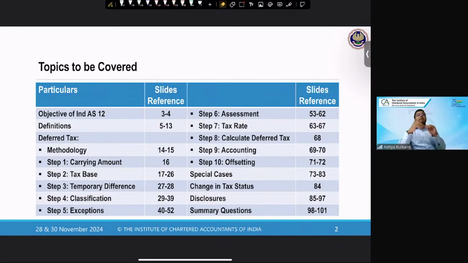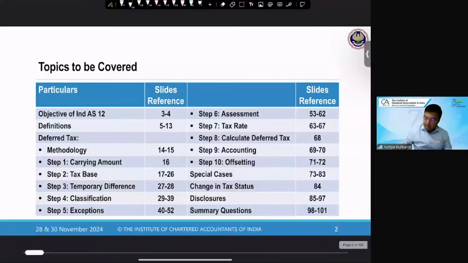So I need a bridge between the tax on the accounting profit versus the tax on the taxable income. There has to be a bridge so that the reader of financial statements will understand why there is a gap in the tax that I have computed. Are you able to understand? Yes. So that is the fundamental reason why this particular standard was introduced.